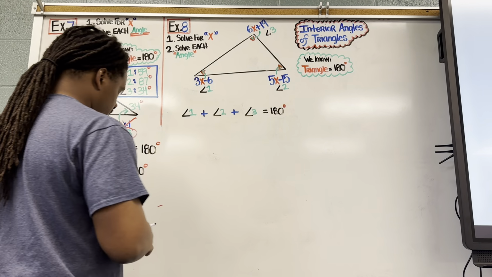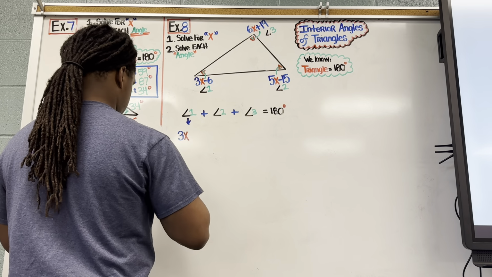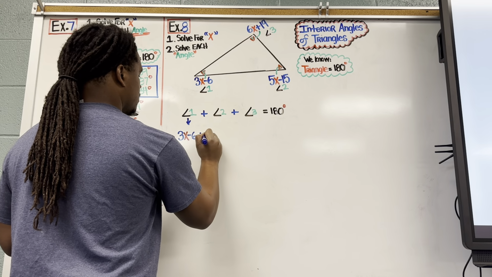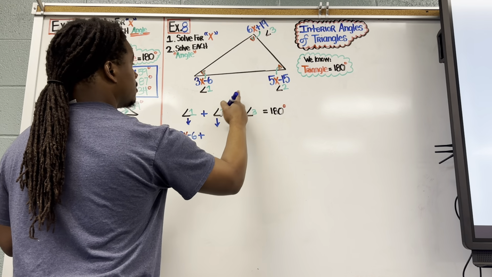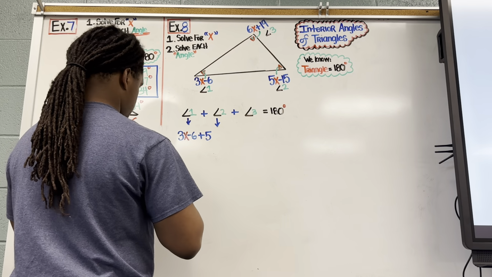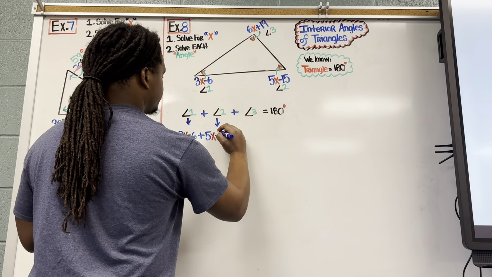So angle 1 is 3x minus 6, so we're gonna put that 3x minus 6 plus angle 2. Angle 2 is 5x minus 15, so it's gonna be 5x minus 15.